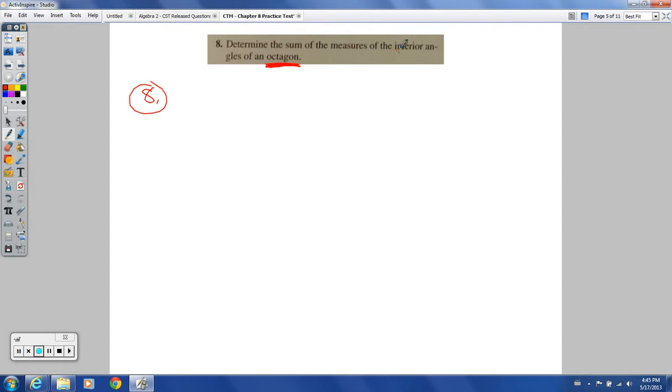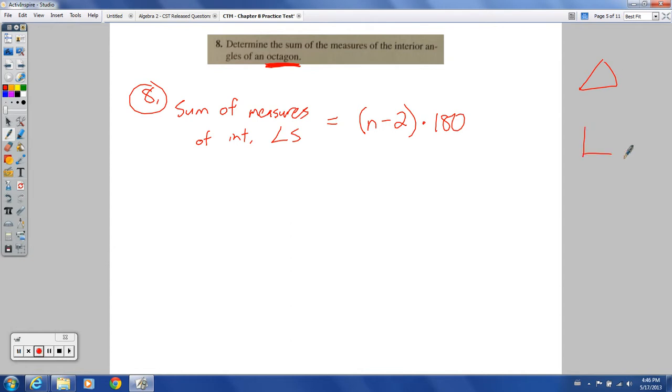But determine the sum of the measures of the interior angles of an octagon. So the sum of the measures of interior angles in general is always n minus 2 times 180. Remember that we can draw, this is just some general shapes, but we can draw any types of polygons.